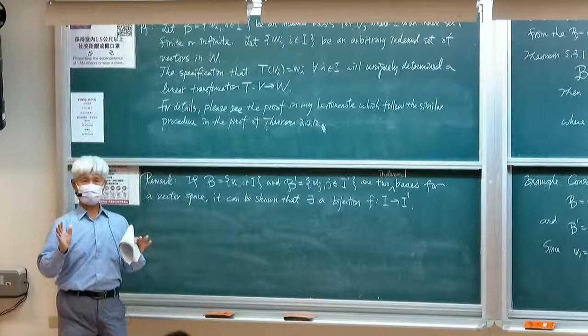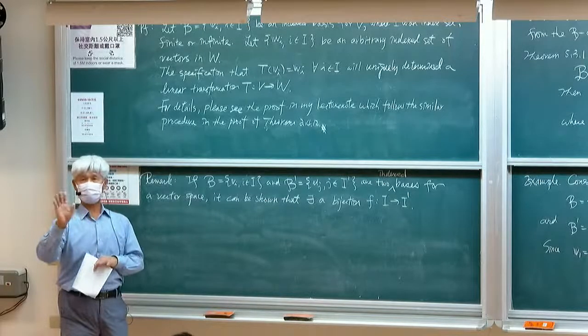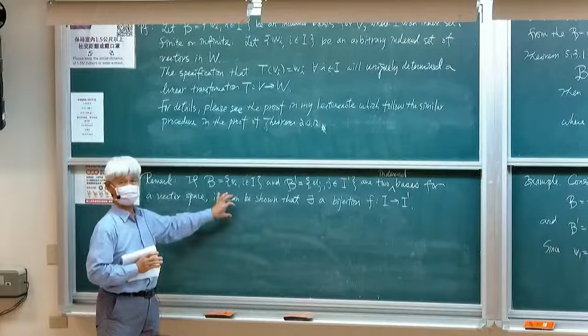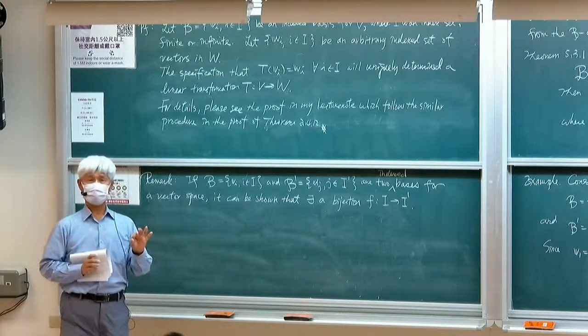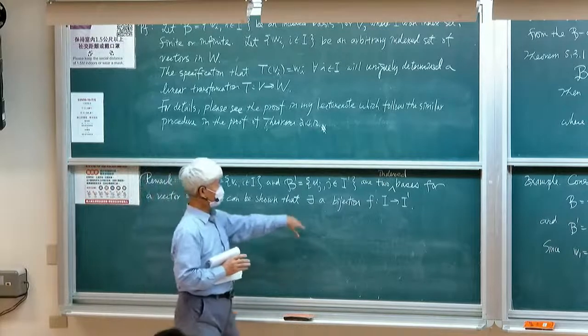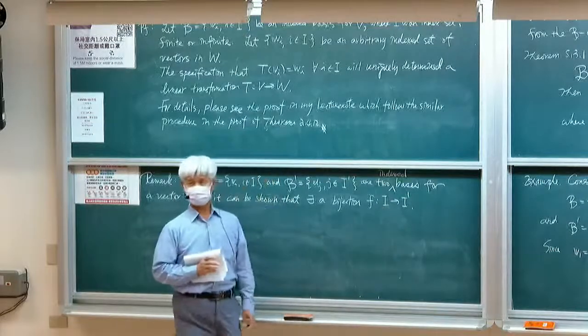So you can regard I and I prime to be the same set because you have a one-to-one correspondence. And because of this property, a vector space has a dimension. And the dimension will be the size of any such index set.